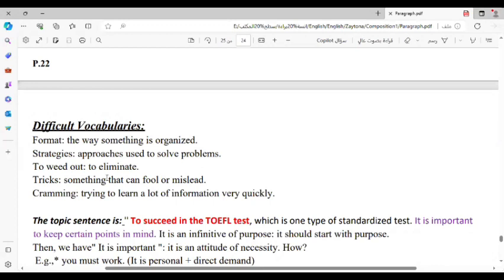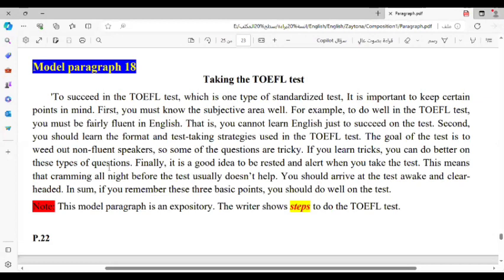What's the meaning of eliminate? Weed out is a synonym for the word eliminate. Okay, eliminate means like to get rid of something, like يستبعد, يتخلص. Okay, to get rid of something. So to weed out non-fluent speakers.